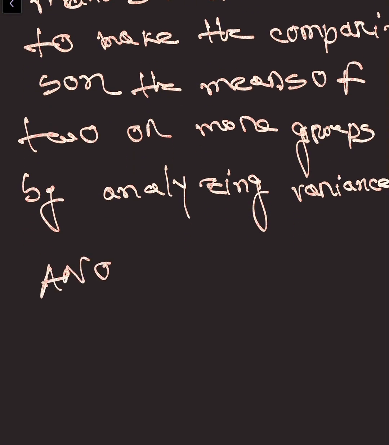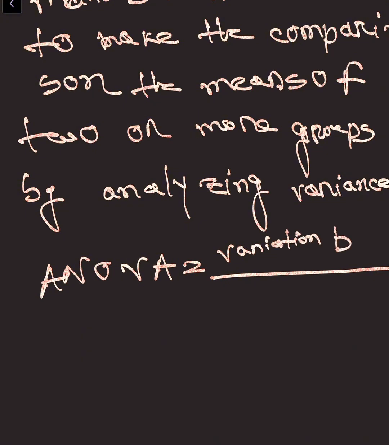ANOVA basically equals the ratio of variation between groups divided by variation within groups.